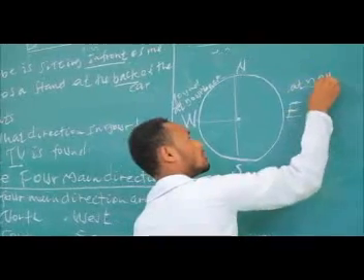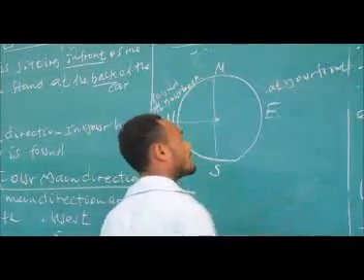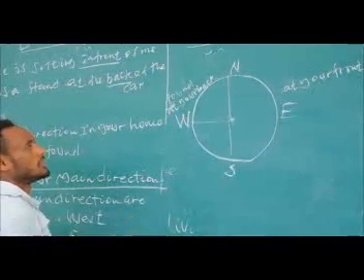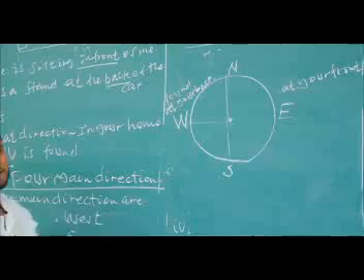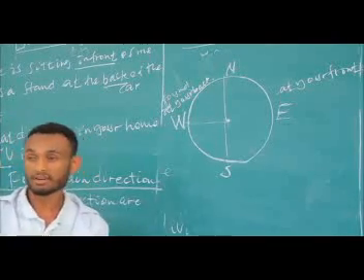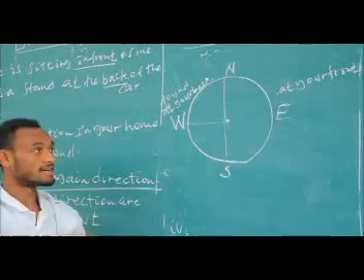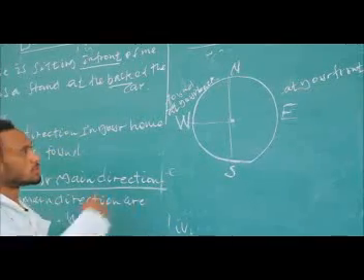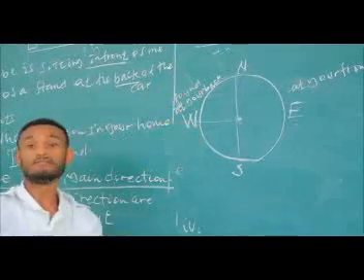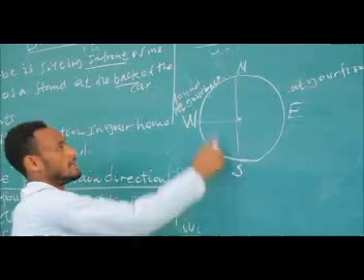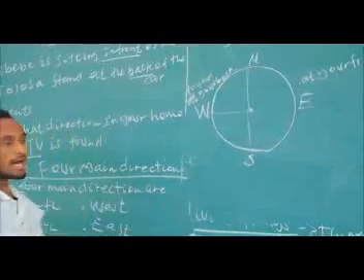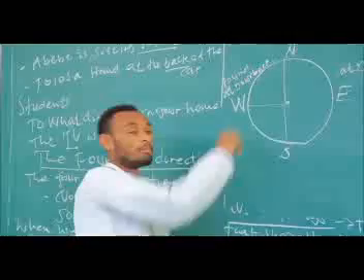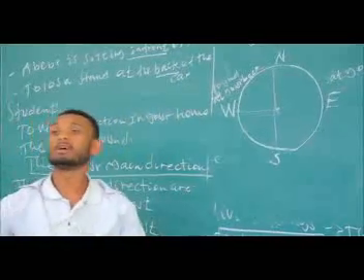Students, these are the main four directions, which are used for locating a given object, even at a distance or in far areas. So you can show directions by using these main four directions: west, east, north, and south. By using these, you can locate a given object.